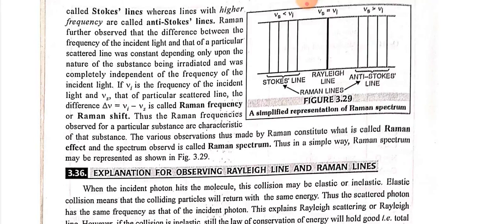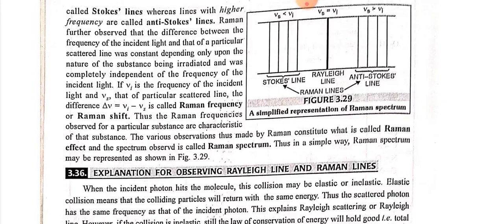Further, he observed that the difference between the frequencies of the incident light and the particular scattered light was constant, depending only on the nature of the substance being irradiated and was completely independent of the frequency of the incident light. If nu i is the frequency of the incident light and nu s that of a particular scattered light, the difference delta nu, which is nu i minus nu s, is the Raman frequency or Raman shift.